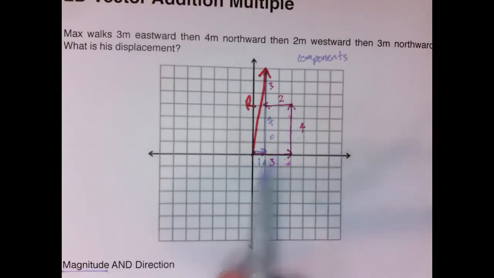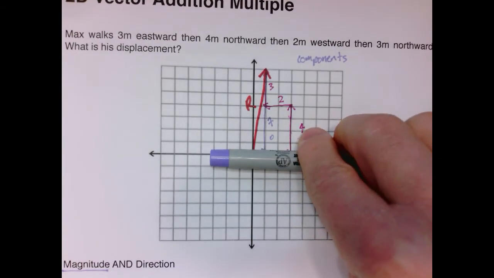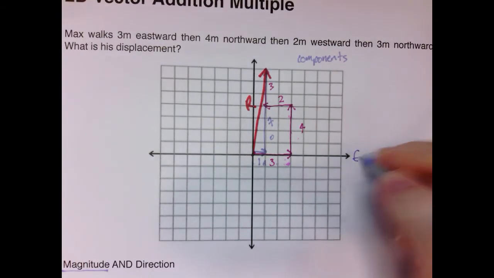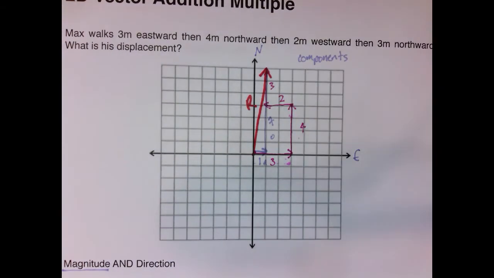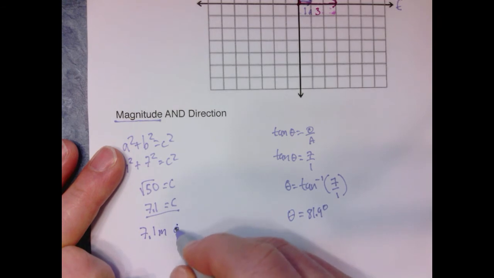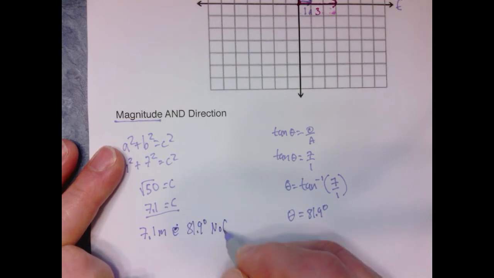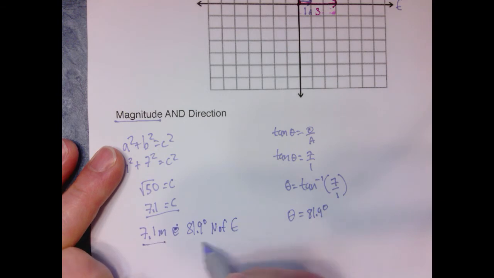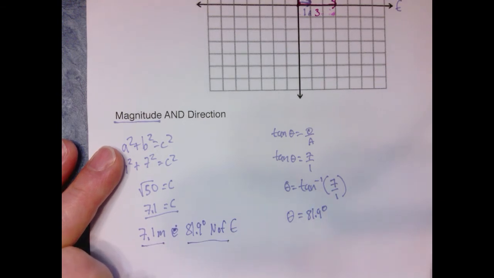And you can see that's a very big angle. So if this is east and this is north, our answer would be 7.1 meters at 81.9 degrees north of east. Here's our magnitude, and here is our direction.